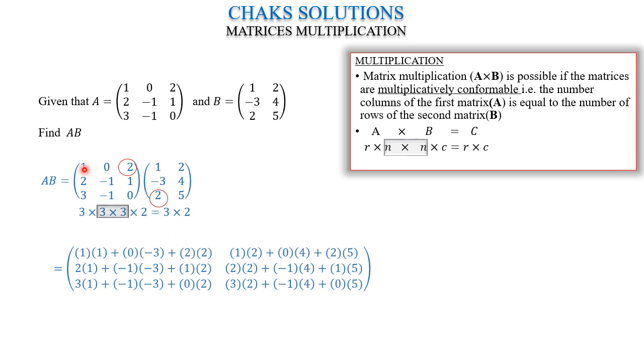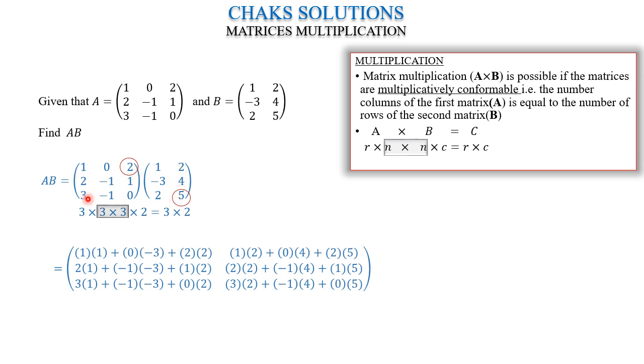Then we go to this row again with the second column. It's going to be 1 times 2, plus 0 times 4, plus 2 times 5. We continue with the second row and do the same thing: the second row times the first column, and the second row times the second column.